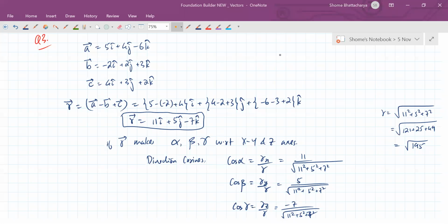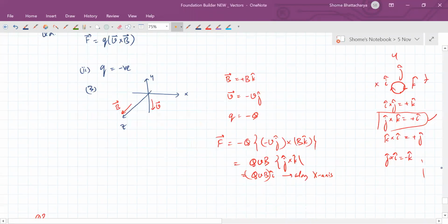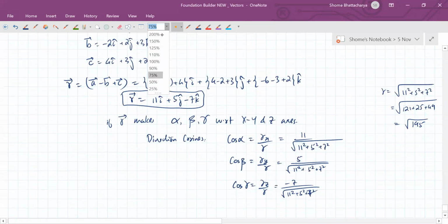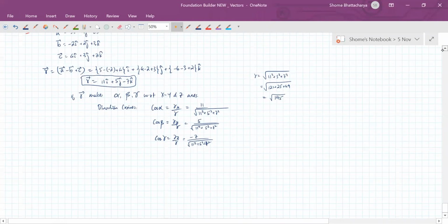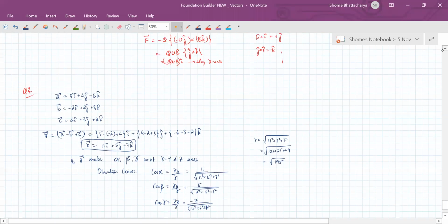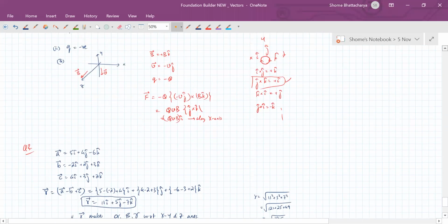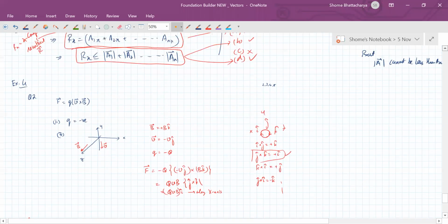Let's move on to the fourth question. So Hitanshu, which part of the fourth question did you want? Fourth or fifth? Fourth B part, okay.